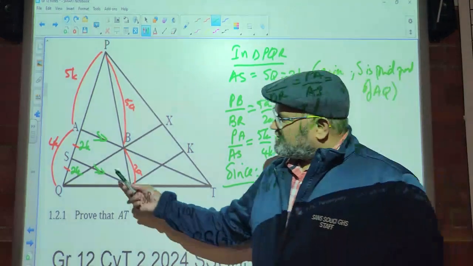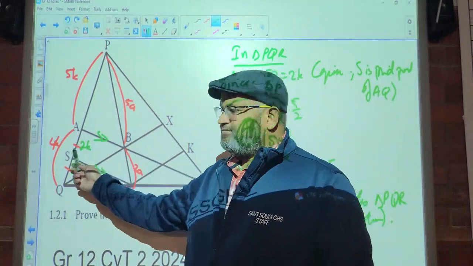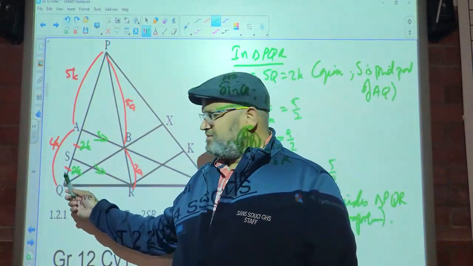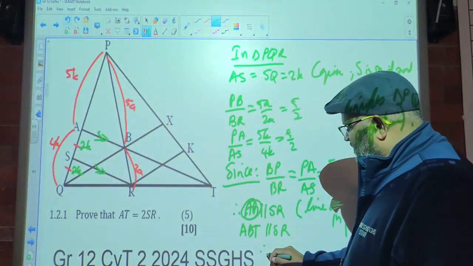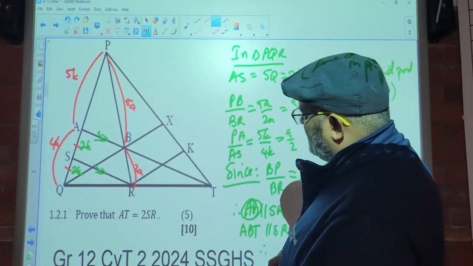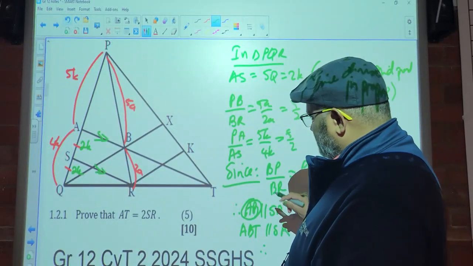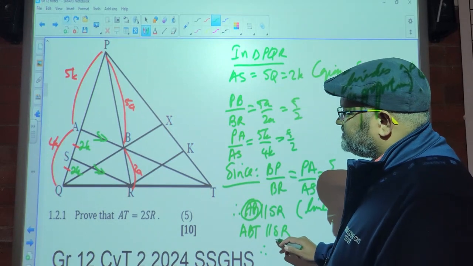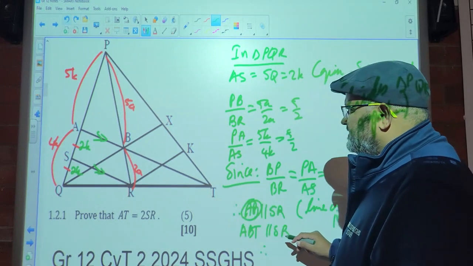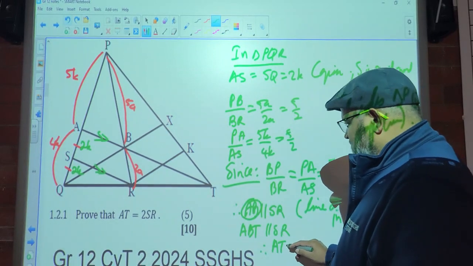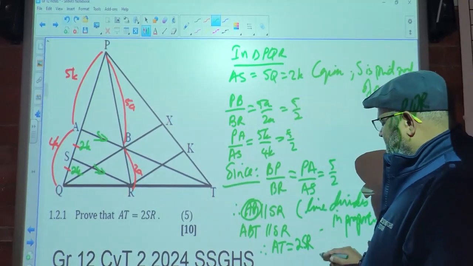So now what you should see is the converse of the midpoint theorem coming up here, not so. So we can now say therefore AT has to be twice SR. Why?